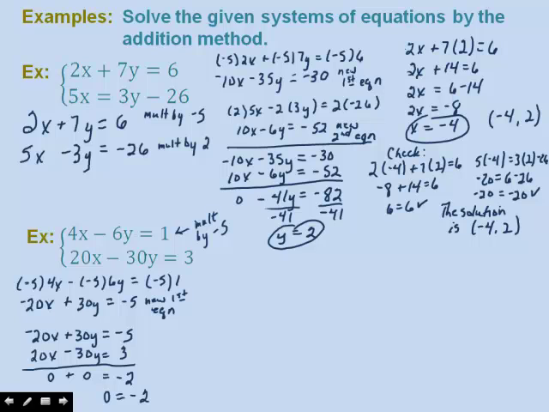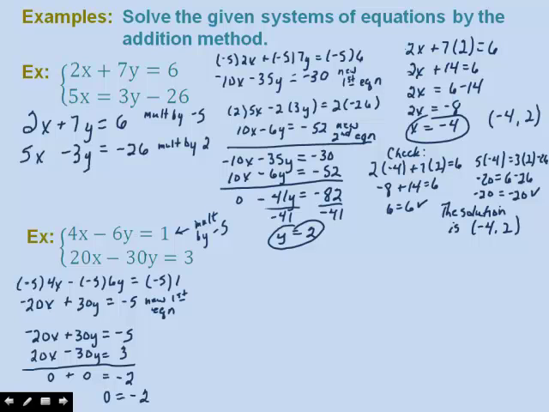Now we've eliminated all of our variables, which means that we've got one of two situations. Either we have a consistent system where the equations are dependent, where the equations actually represent the same line, or we have an inconsistent system where the lines are parallel.